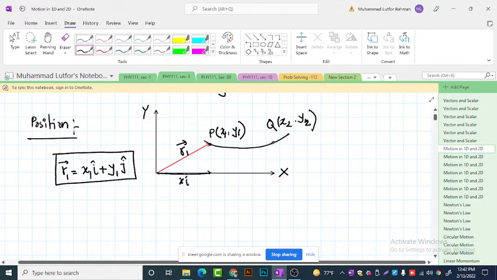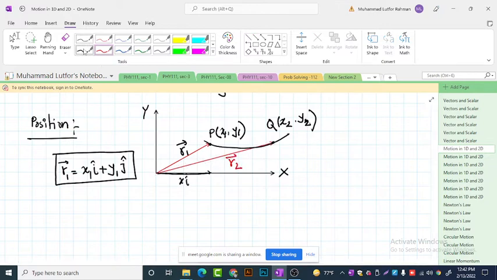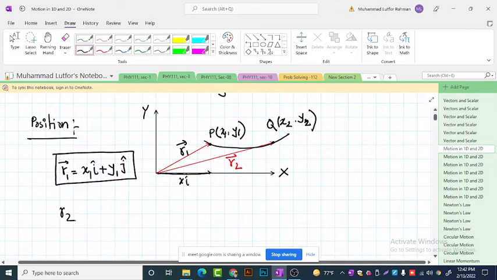Then we can write the location of the particle at Q as r2, and this r2 vector can be written as x2 i hat plus y2 j hat. So this will be my r2 vector.